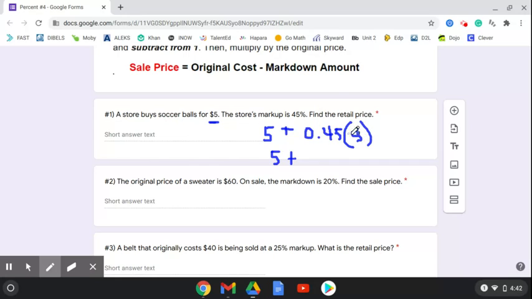Well, 0.45 times 5 is 2.25, right? So $5 is the original cost of the soccer ball, and they add on to the price $2.25. And 5 plus 2.25 is $7.25, right? So $7.25 is the retail price.